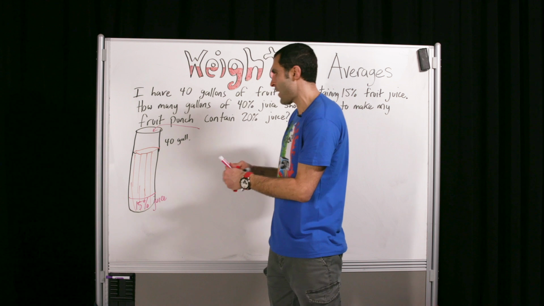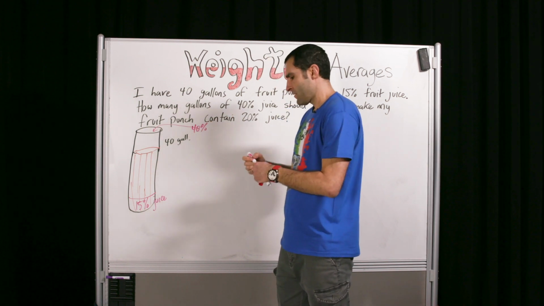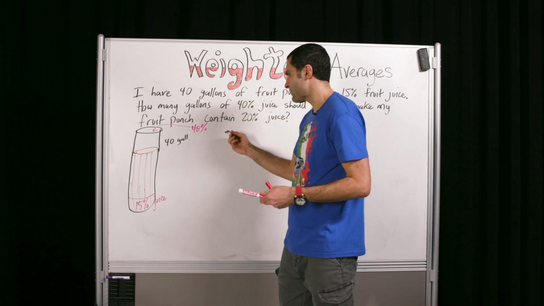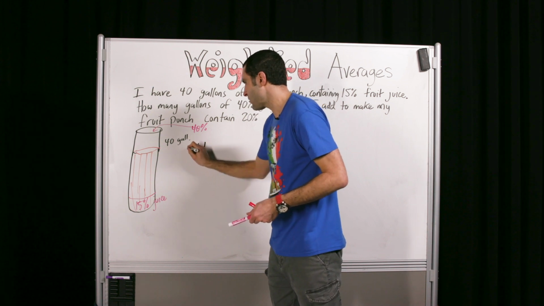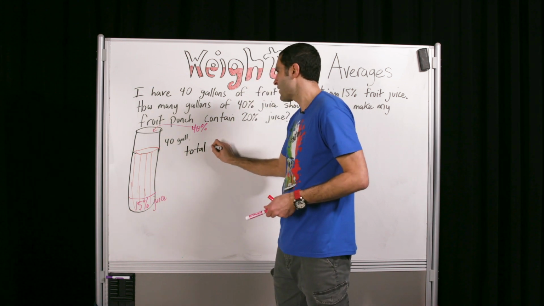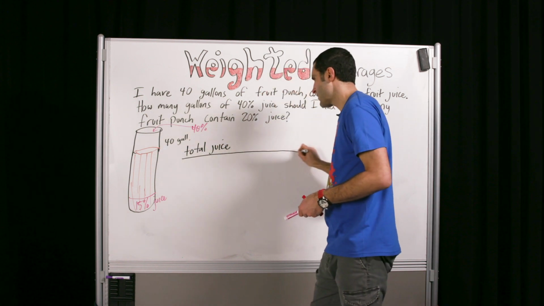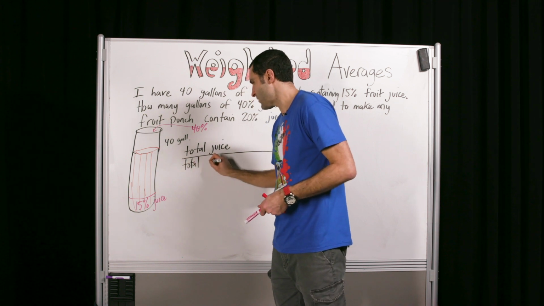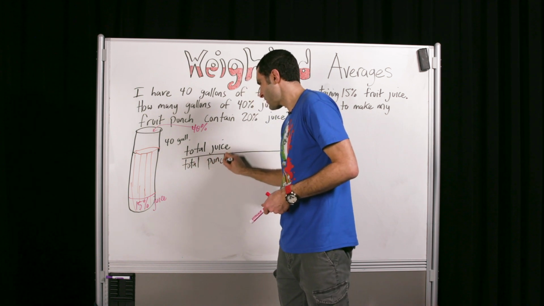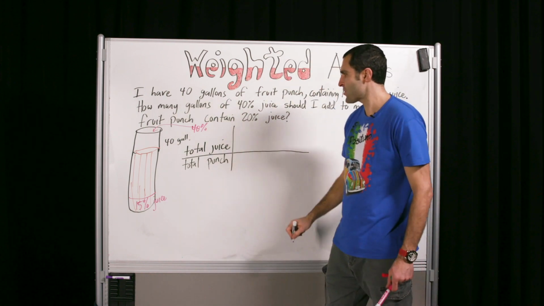So let's say we have total juice over total punch. So we have this little ratio going.